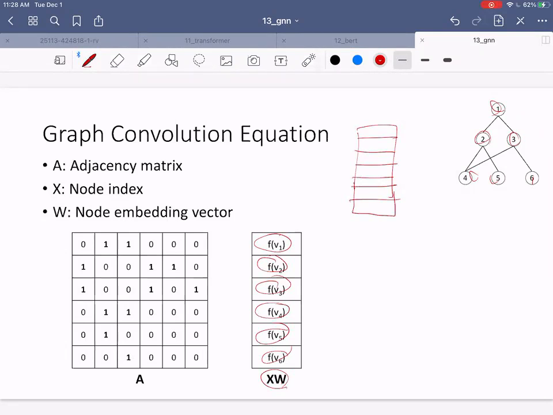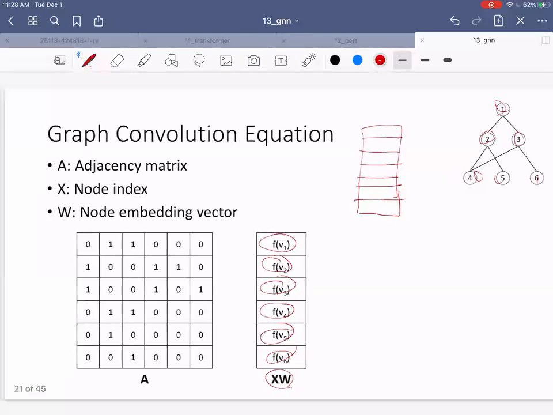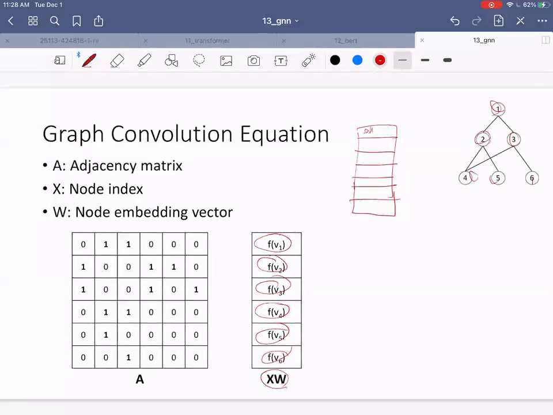The first row is the embedding of node number 1, this is the embedding of node number 2, this is node number 3, all the way to the embedding of node number 6. This is your W, and it is a trainable, learnable parameter. Just like word embeddings, there are just node embeddings now.